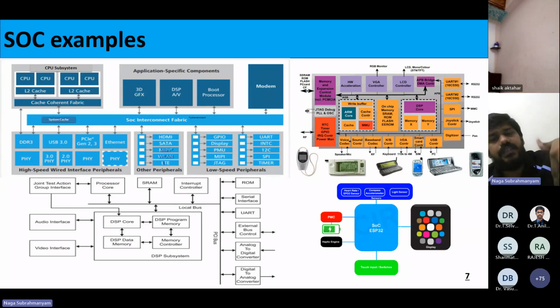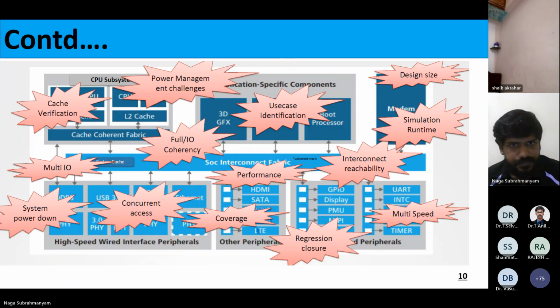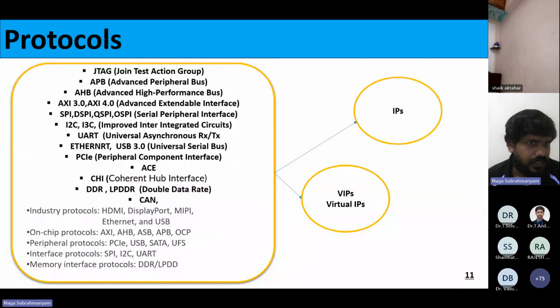We don't need to verify that here, but here it is better to verify at the top level, because it is third party, right? How it communicates with our subsystem is necessary to see. Okay, so here you have to go through all these peripheral protocols.